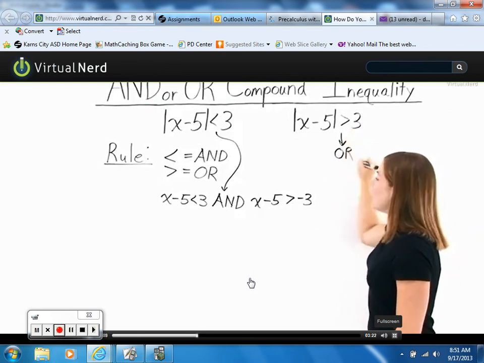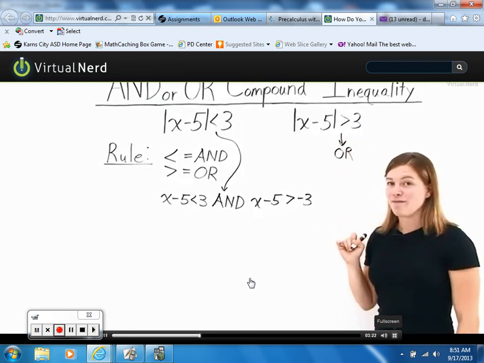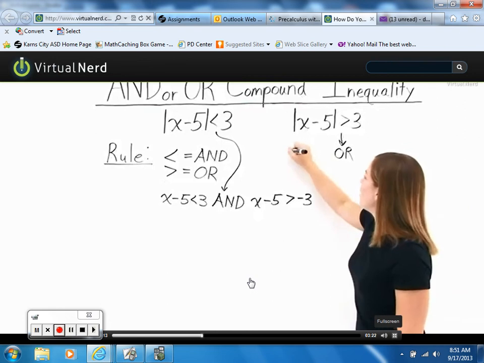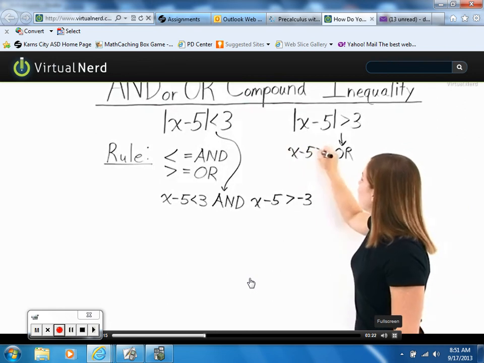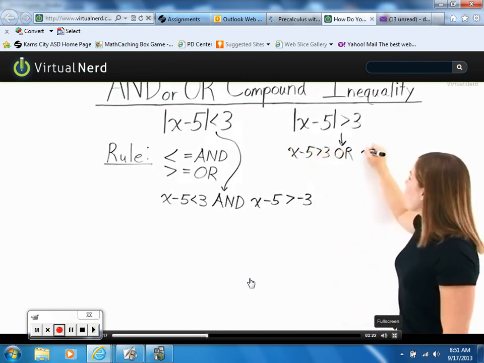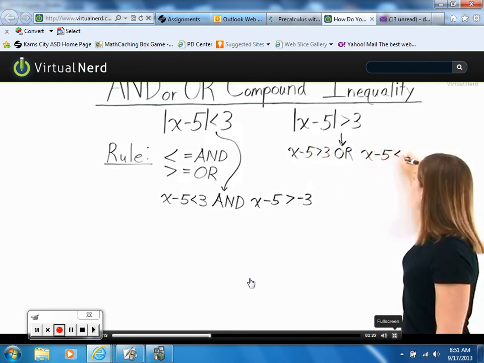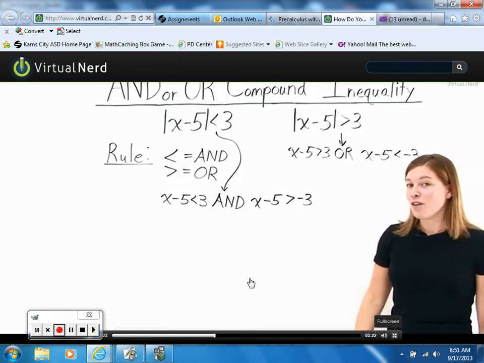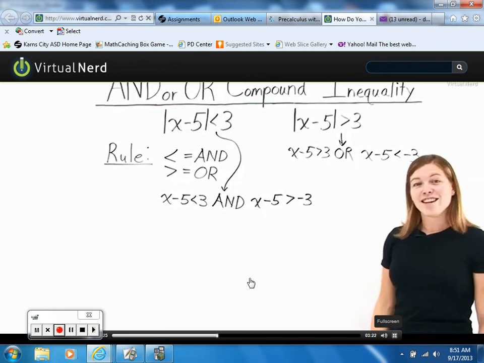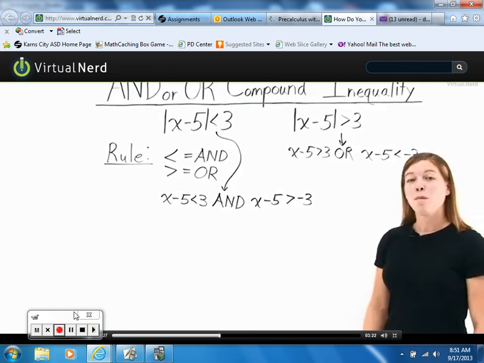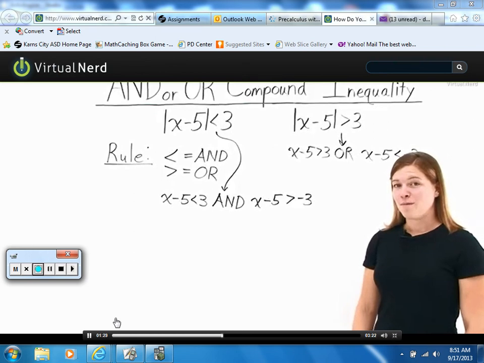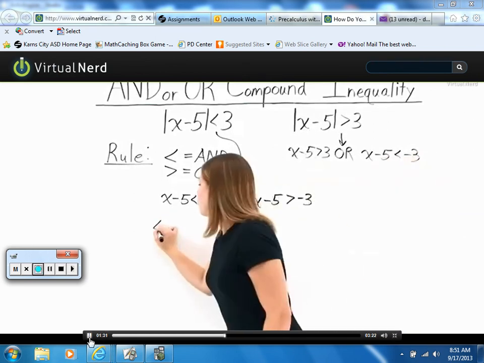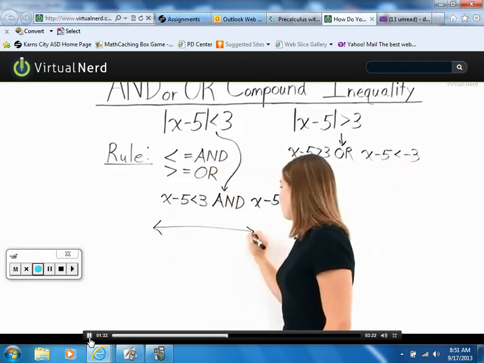That means we have an or compound inequality. Now to get the inequality. X minus 5 is greater than 3, or x minus 5 is less than negative 3. Now we've converted both of the absolute value inequalities to compound inequalities. But how do we know that this is correct? Well, to figure that out, let's graph our first compound inequality.